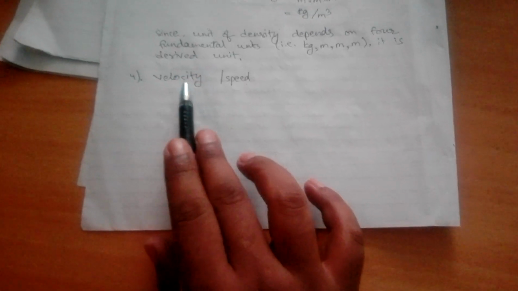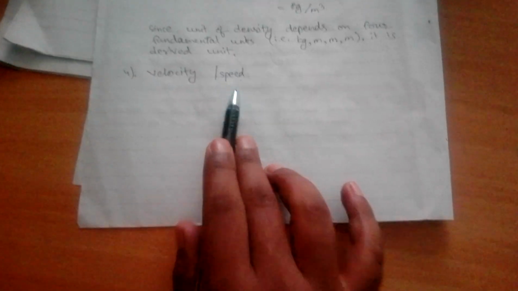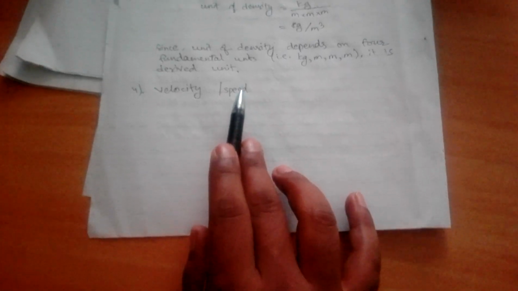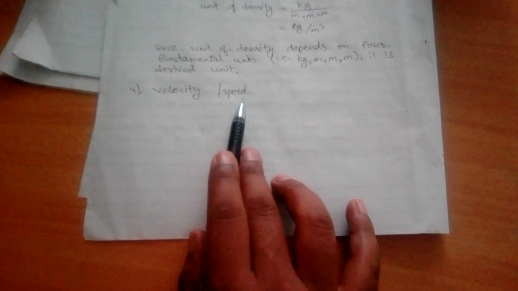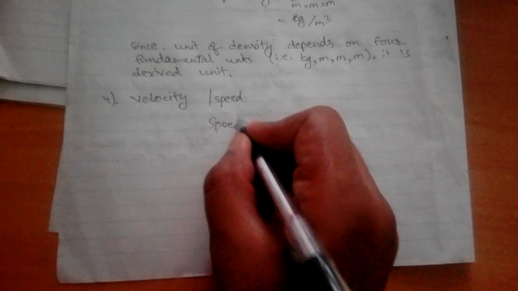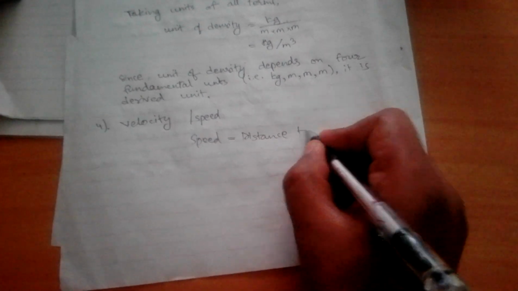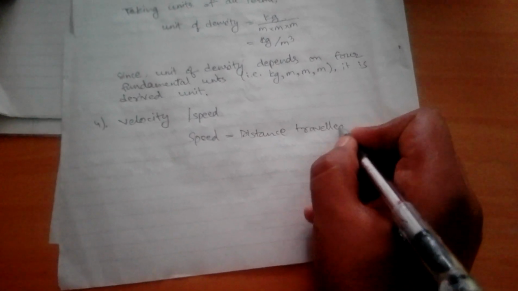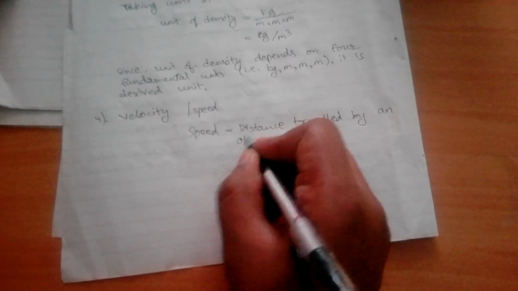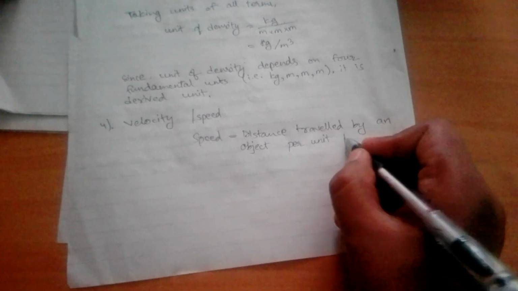So you can say speed or velocity can be defined as distance traveled by an object per unit time. Distance traveled by an object per unit time is known as speed. Okay, here let's see, speed equals distance traveled by an object per unit time.